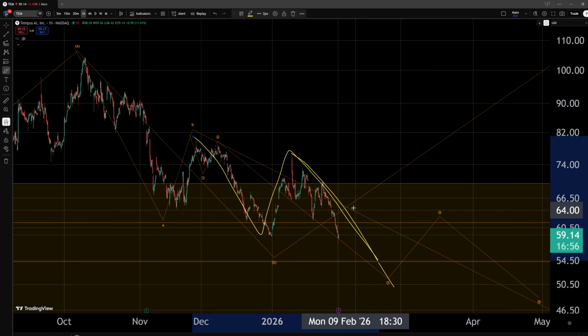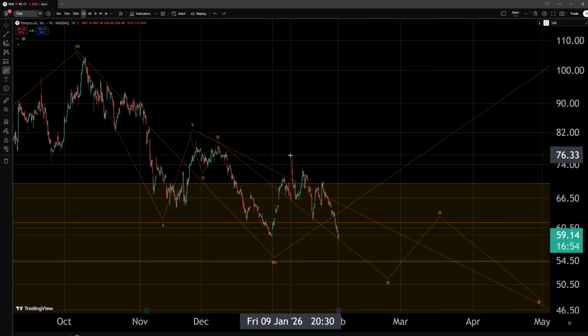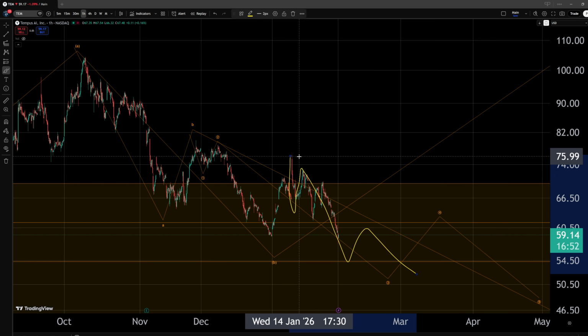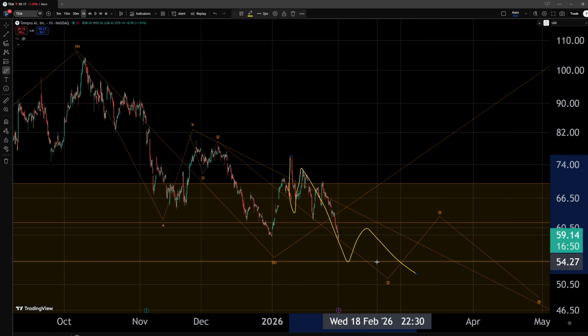But for this, we actually do need to build an entire 5-wave move to the downside within this area.